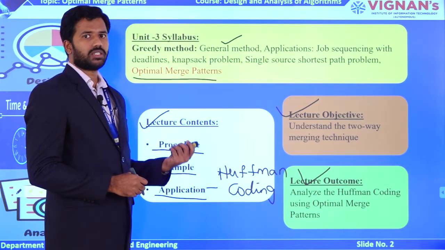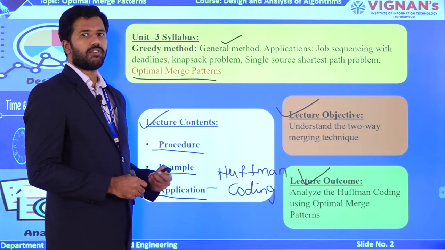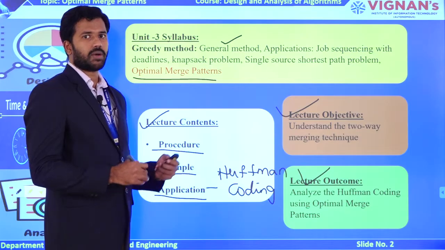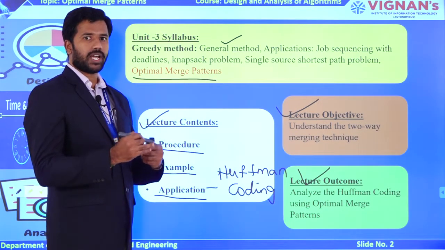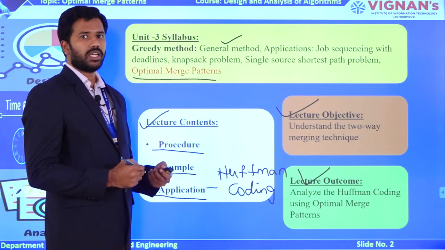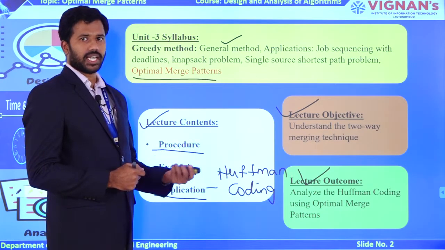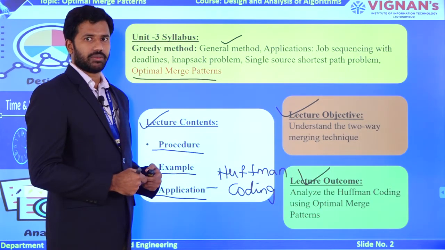Based on this scenario you require this concept. In daily life you merge multiple files into a single RAR file. For example, I have 5 PDF files and I need to merge them into a single file. That merged file will have a smaller size compared to the total size of those 5 individual PDFs.